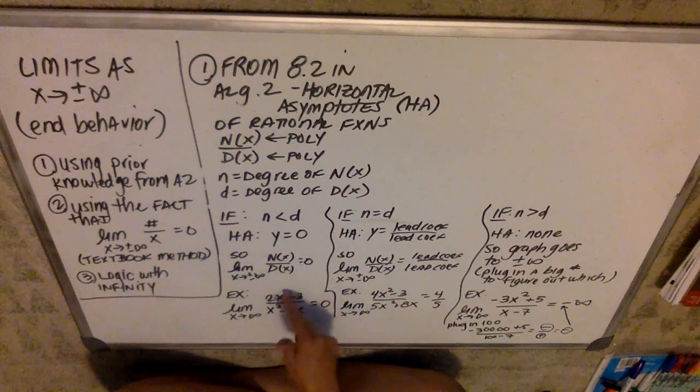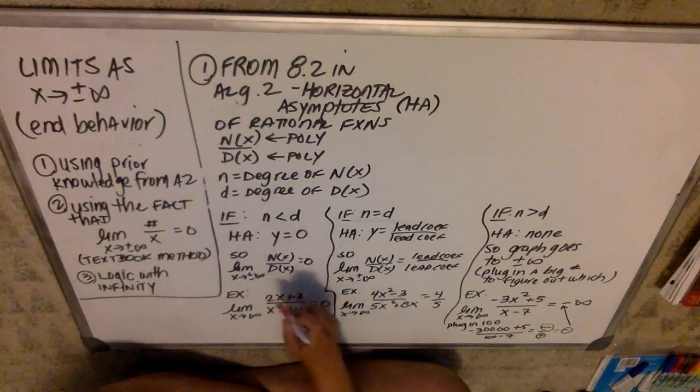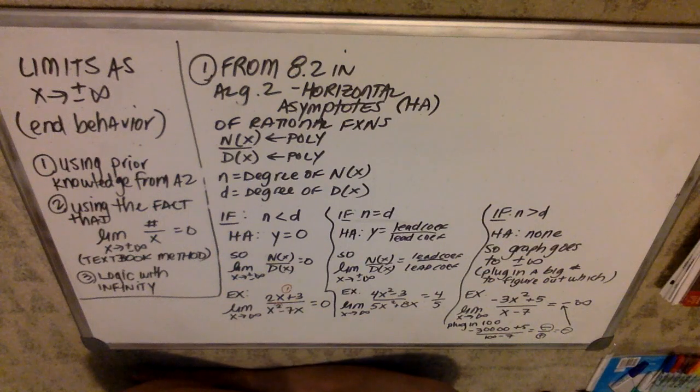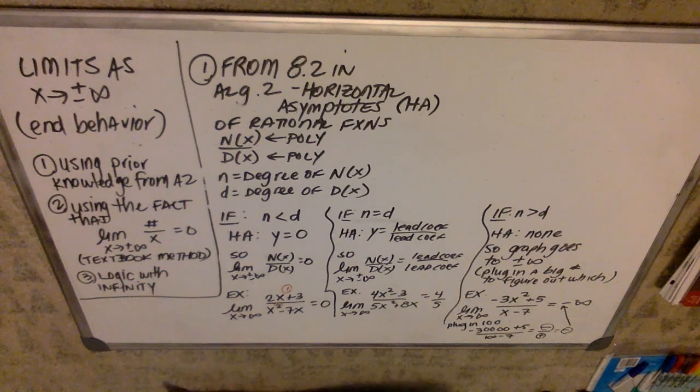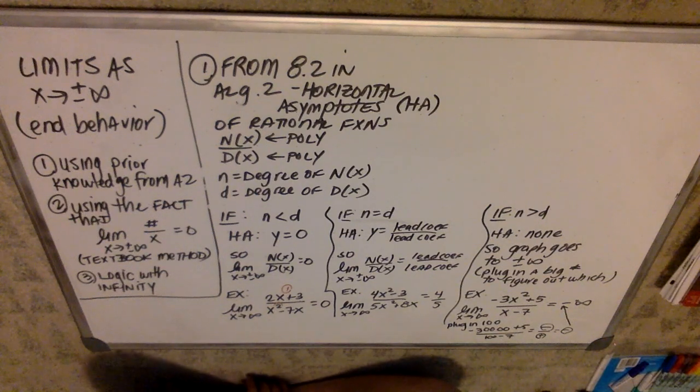If my numerator is 2x plus 3 and my denominator is x squared minus 7x, the degree of the numerator is 1 and the degree of the denominator is 2. The numerator degree is smaller. So as x approaches either positive or negative infinity, the output is going to be 0. If you already know that from Algebra 2 and feel comfortable with it, that's great, because it saves you a little bit of work sometimes.